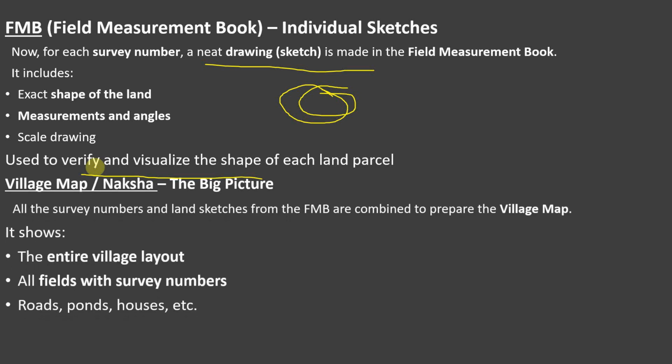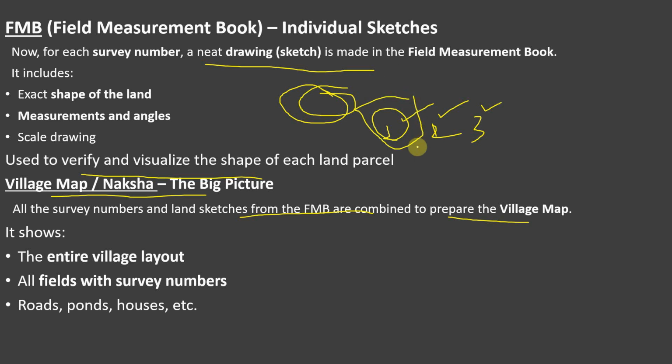After that, using the FMB, the village map or naksha is made. Land sketches from the FMB are combined to prepare the village map. For example, there are three lands which are numbered as survey number 1, 2, and 3. In the FMB, the sketches of the individual drawings will be contained. All these are combined together to make a village map. The village map or naksha shows the entire village layout, all fields with survey numbers, roads, ponds, houses, etc.